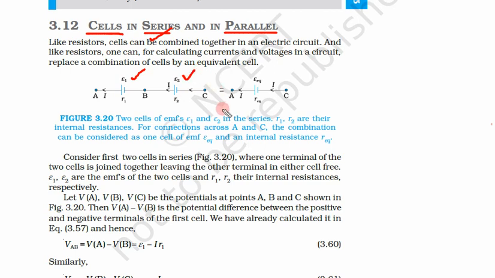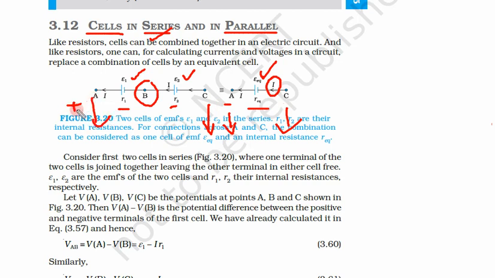Now what we can do is consider that there is a single battery with an equivalent EMF, E equivalent, and the internal resistance is again changed to R equivalent. The current will remain the same, and now point B is eliminated. We have replaced it with a single battery between points A and C, which are the outlet points.